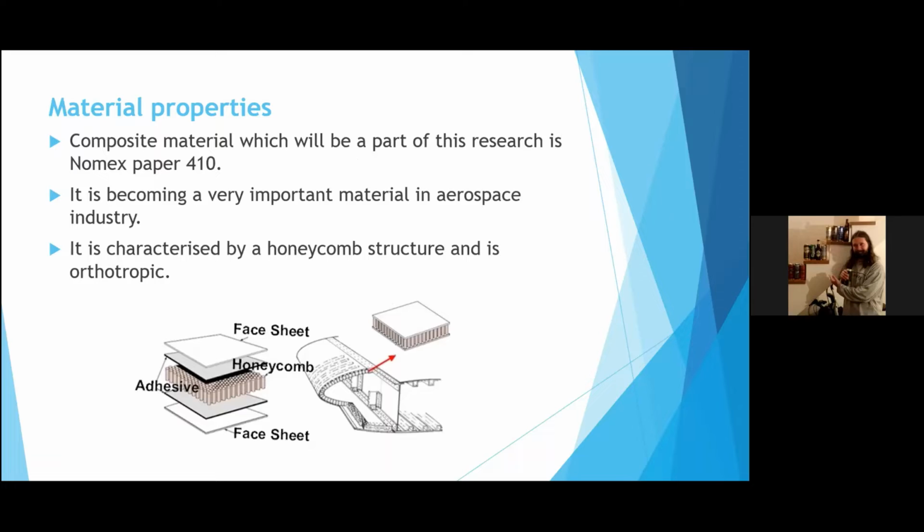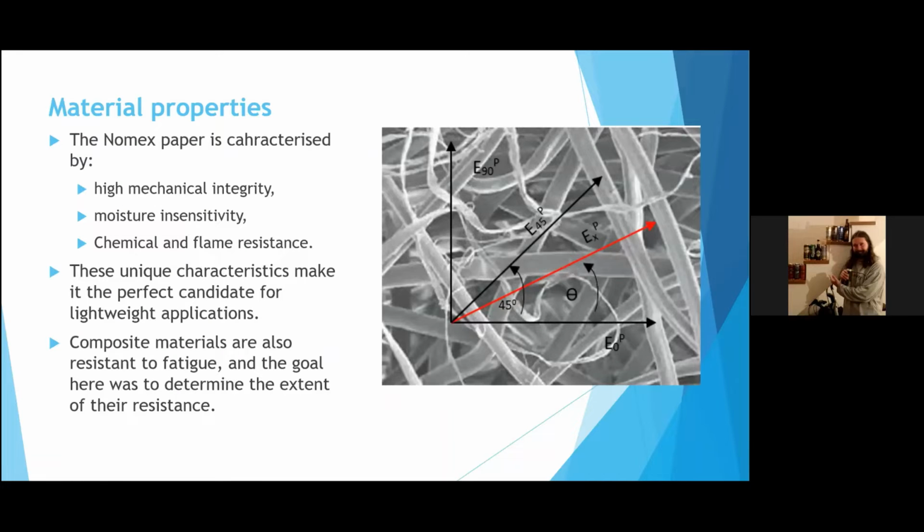Okay, no problem. So here you can see a bit of the information about this new composite, which is gaining a lot of importance recently due to some very favorable properties. Here you can also see in short how it is manufactured, and you can see the honeycomb structure, which is particularly interesting since it is not so well researched up to this point in terms of its behavior under various loads.